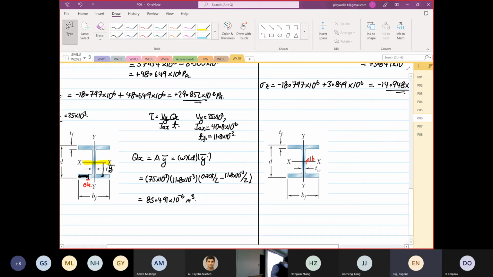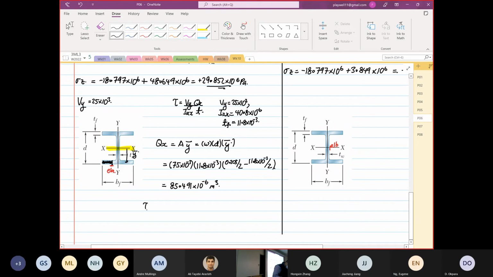So now we can find the shear. Vy is equal to 25 times 10 to the power 3, times 85.491 times 10 to the power minus 6, divided by 40.8 times 10 to the power minus 6, and then divided by 11.8 times 10 to the power minus 3.